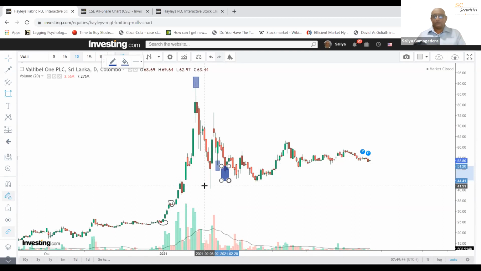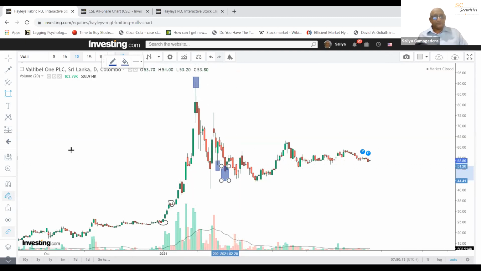As time goes on, you will not be using these in your final analysis. You're drawing the chart not because it's a piece of art, but because it will help you to understand where to buy and where to sell and where to cut loss, where to stop loss, right? That is the reason we are looking at all these things.